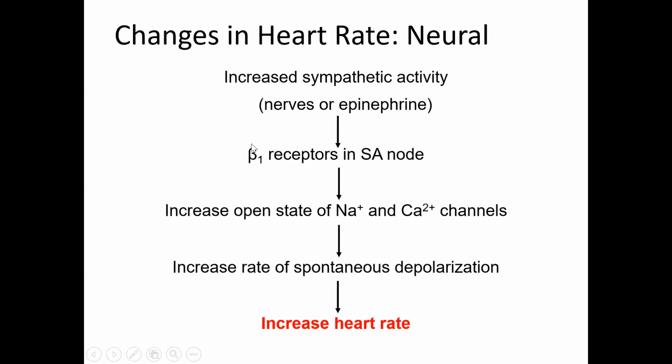So remember, beta-1 receptors are the adrenergic receptors that are found in the heart. That will then stimulate increased opening of our sodium and calcium channels, which we know are depolarizing events, and that would create an increased spontaneous depolarization, which would make it really easy to fire action potentials, and that will increase the heart rate. So this is how we go from increased sympathetic activity to increased heart rate.